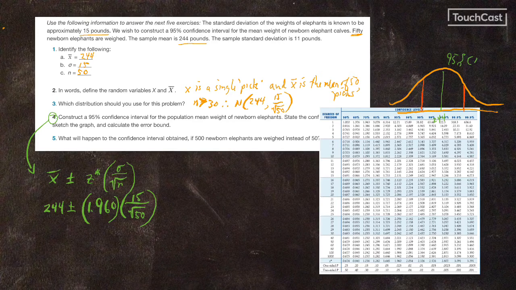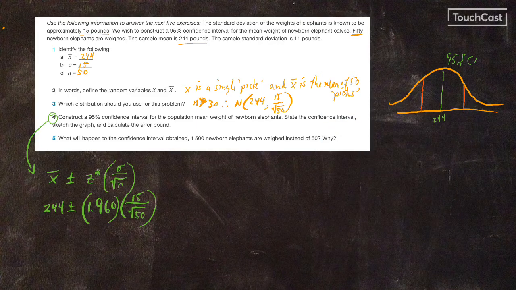I'm going to get rid of this table here just so that we have some more room. Okay, so if I plug these into my calculator, 15 divided by the square root of 50 is 2.1213.